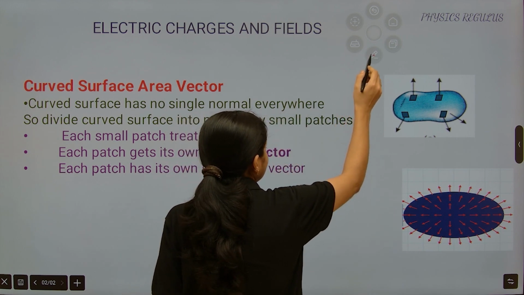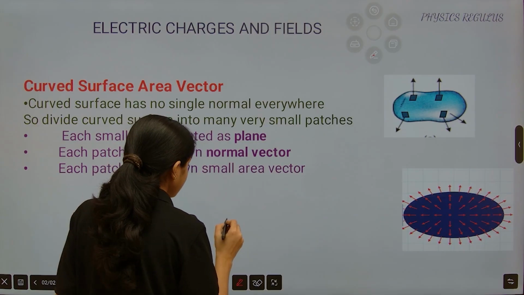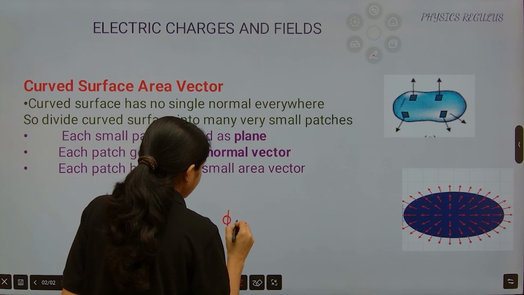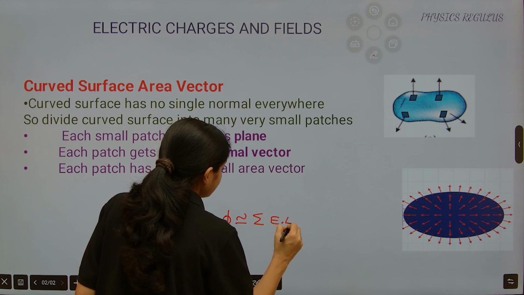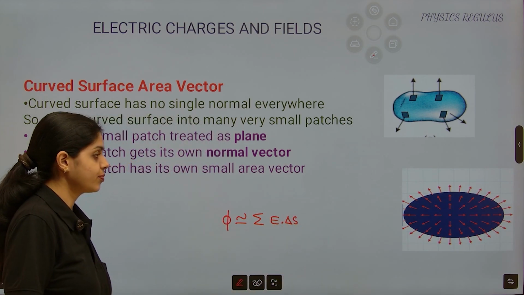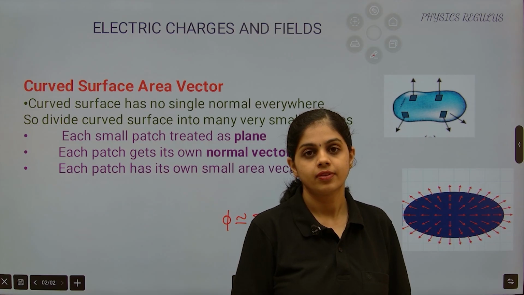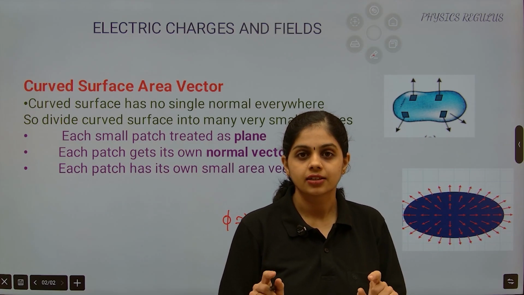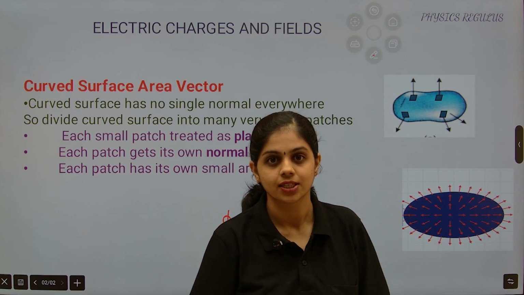Total electric flux through the given curved surface is approximately equal to the summation of electric flux through small area elements, summation of E dot delta S. That will give you the total electric flux through the given curved surface. This is about electric flux.